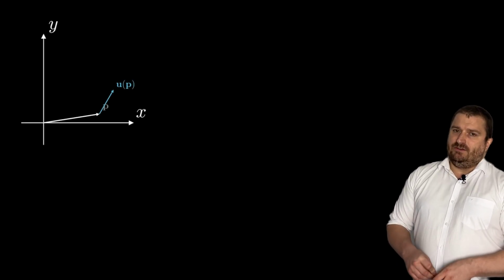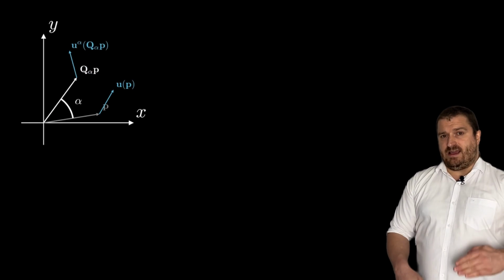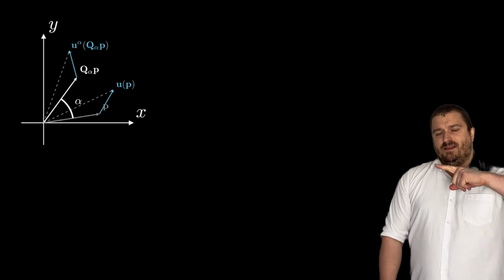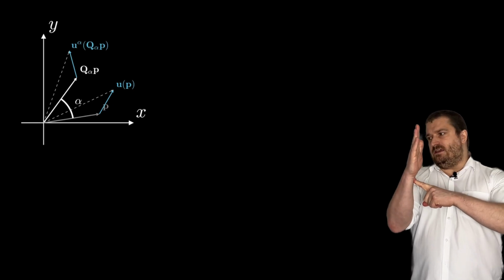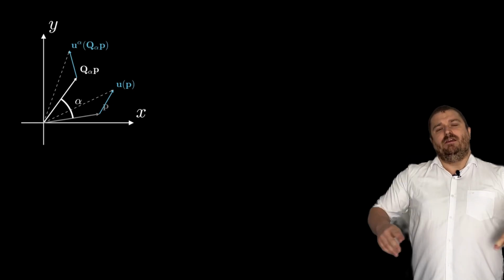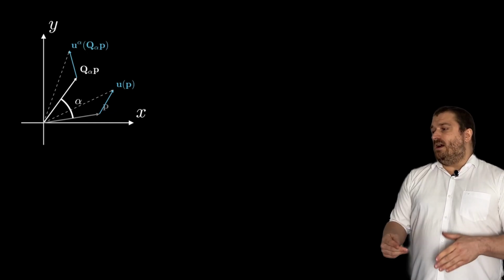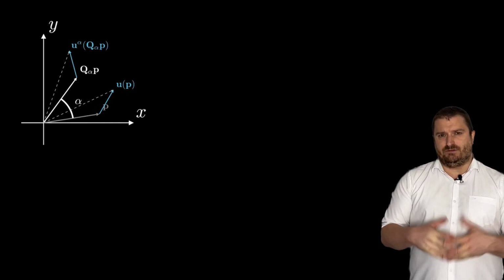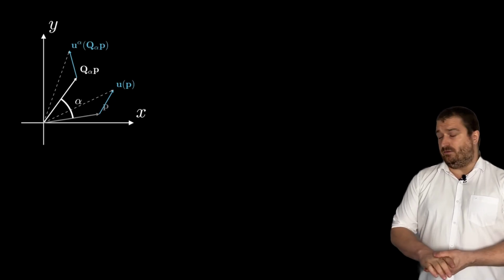Let's look at our displacement field. So remember, it's a vector field, and that means that at any point in the sheet, which we can point to using the vector P, there's going to be another vector, and I'm going to call it U of P, which represents the displacement field at that point. So if we now rotate the sheet, well, the vector U also rotates, and so we want to know, generally speaking, what the transformation law is that describes this.